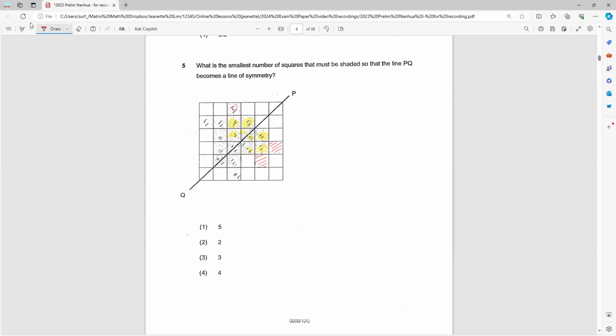So this is the other one, this is the other one, and this okay. Then we have another missing one here. That is for this one. And then we also have this one, so it's over here. And this okay. Now we have a missing one, this one, so this is here. 1, 2, 3, 4, 5. Answer 5. You need to shade 5 more.